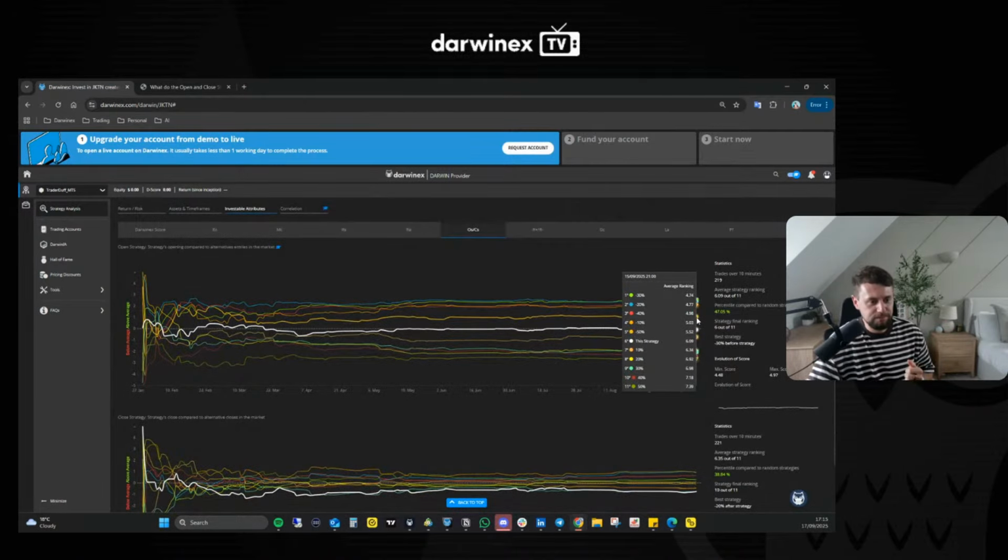It measures, using a time-based metric, how you could improve your entries and exits using time. On the chart here, you can see 10, 20, 30, 40, 50%, and minus 10, minus 20, minus 30, minus 40, minus 50%. It shows you which is the most optimal for your strategy based on the data that we have.